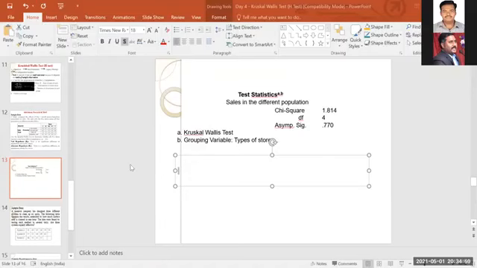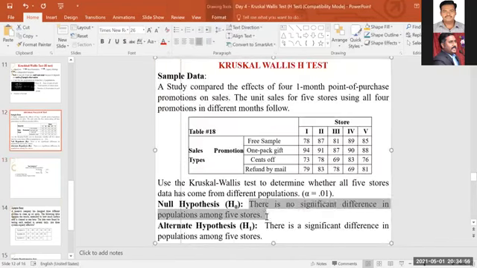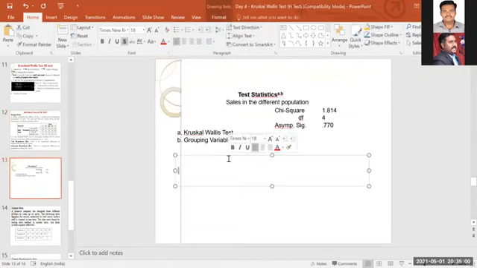I think this is the output we got, right? So what is the null hypothesis? This is the null hypothesis. So we'll copy, and here you have to write the inference. So how should the inference be? Since p-value, what is the p-value here? 0.770 is greater than 0.01.